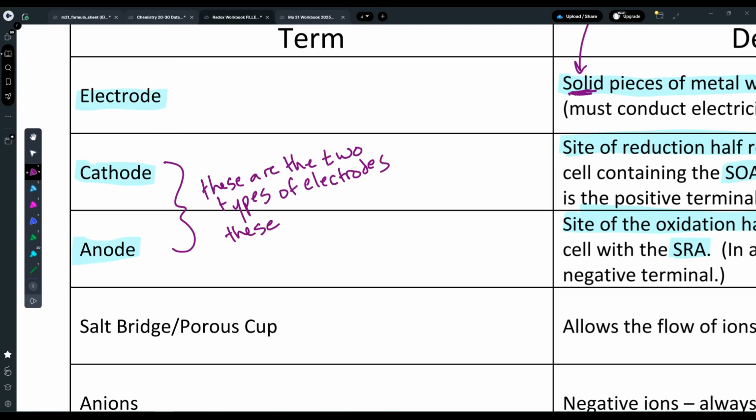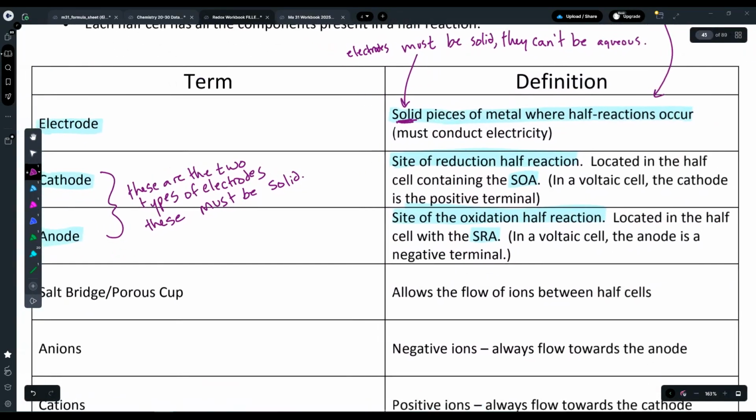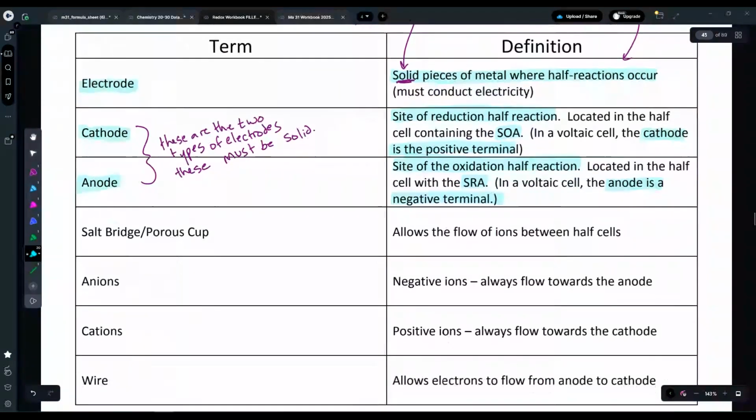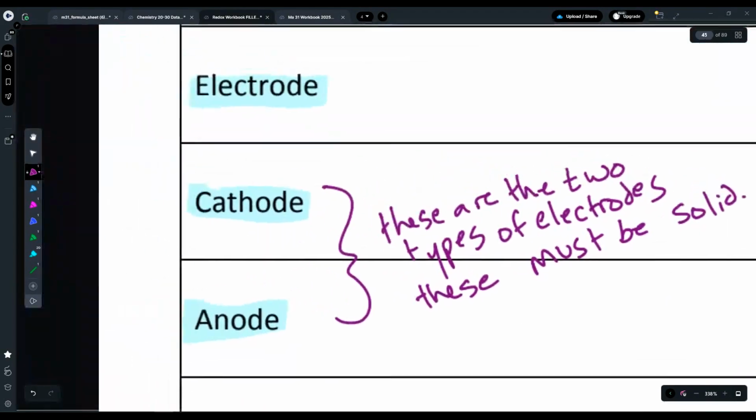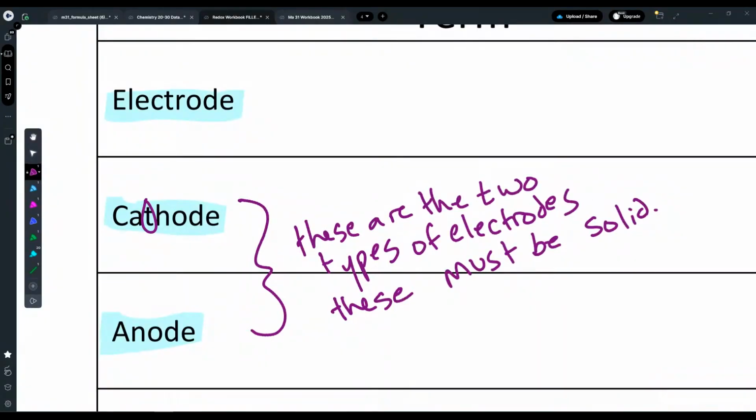So because they are specific names for our electrodes, your cathode and your anode, they must be solid. So cathode is the positive terminal, anode is the negative terminal. So you could kind of remember that the cathode is the positive terminal just because if you look at the T in cathode, it kind of looks like a plus sign. So you could think of that as being, okay, that's the positive terminal.